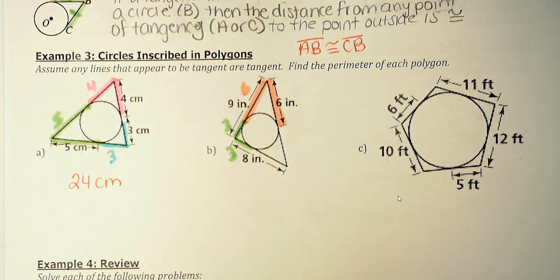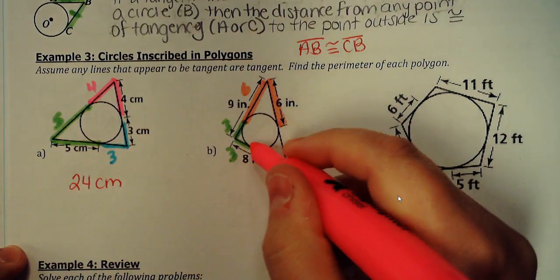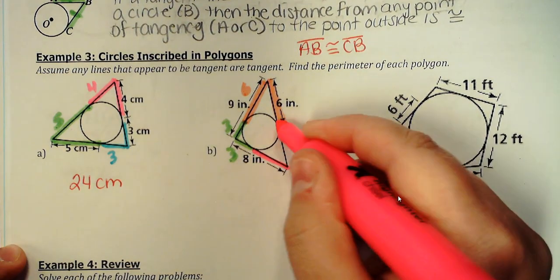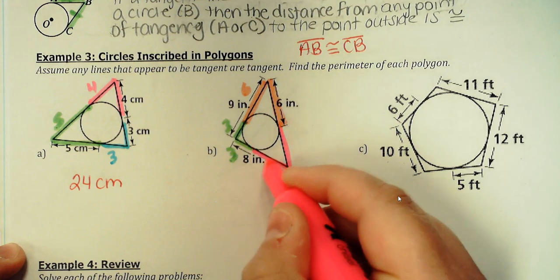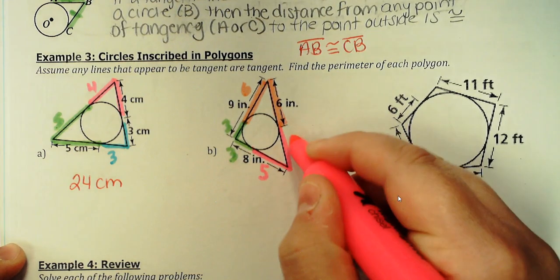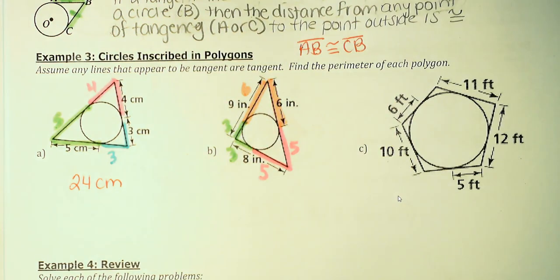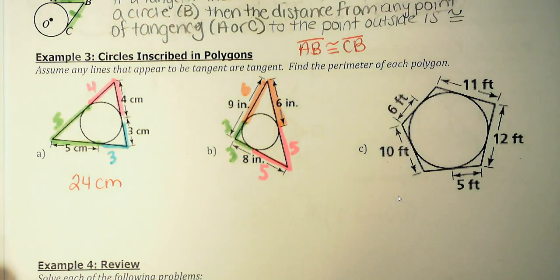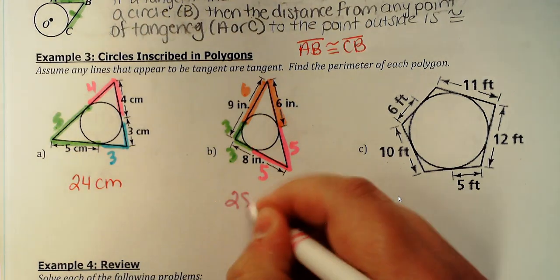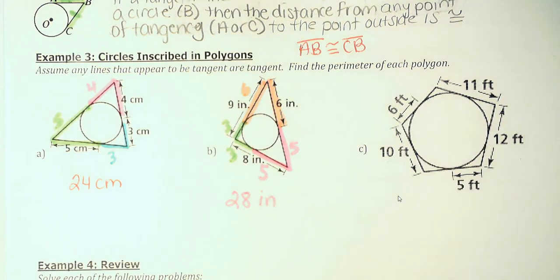It's going to give me a different number. So this whole side is 8. I'm going up to that tangent point to 3, so the rest of it has to be 5, and then that makes that 5. So then I'm just going to add the perimeter up. So I've got 6 and 6, I've got 5 and 5, and then I've got 3 and 3. So altogether, this would be 28, and this guy would be inches.